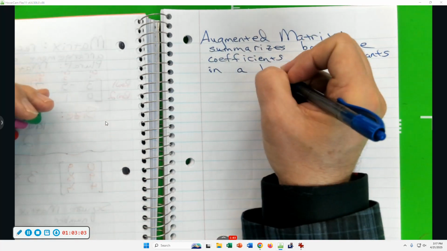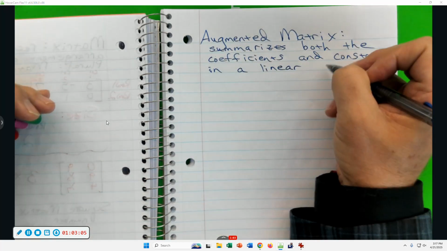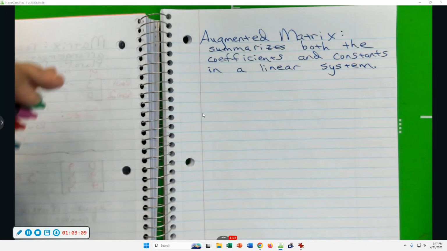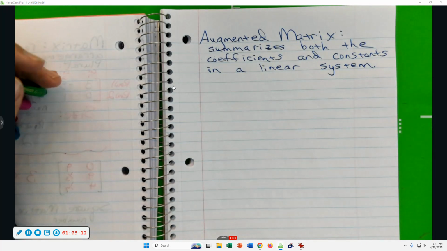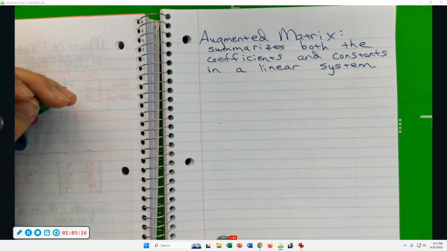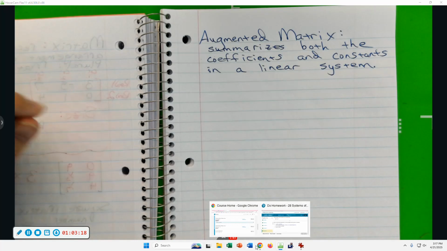I'll just say in a linear system. What we have to do in this class is set up augmented matrices and interpret augmented matrices.